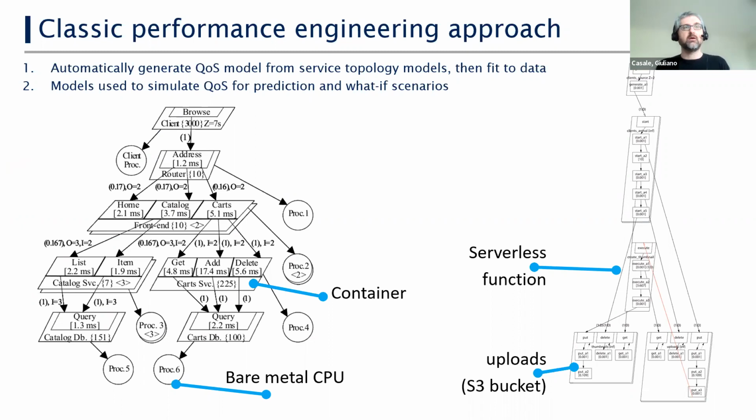Well, one of the historical techniques adopted by this community involves describing this kind of graphs by means of some model, for example, a layered queuing network, which is the class of models you see described here, where each of the large parallelograms represents a microservice, and the smaller parallelograms represent endpoints of those microservices that can be invoked.